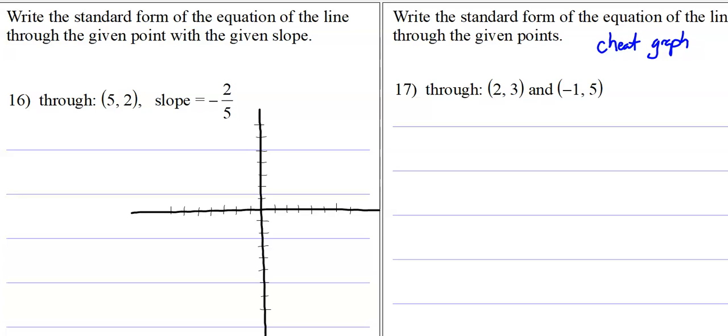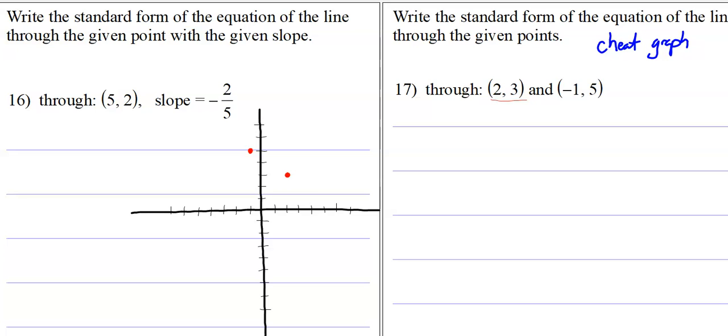So let's just put these dots on here. So 2, 3. When x is 2 and y is 3, that's living right here. Maybe I'll do fat dots. There's 2, 3. And negative 1, 5. Left 1, up 5. Well, that is right here. All right. So it looks like, let's just count these.